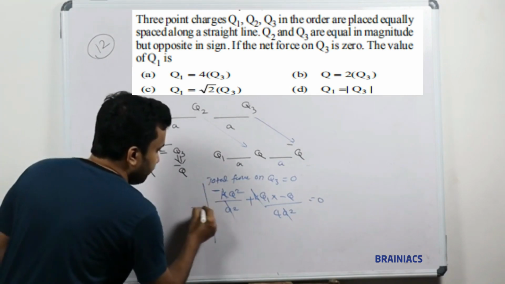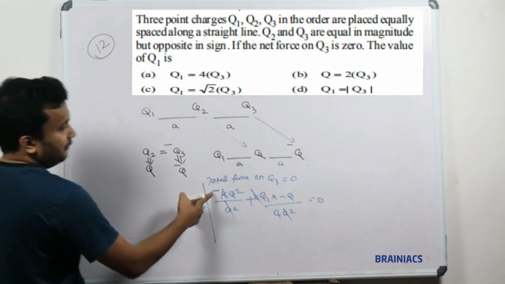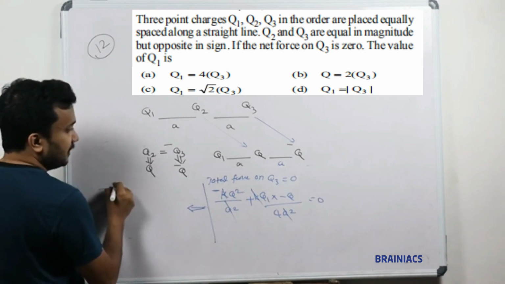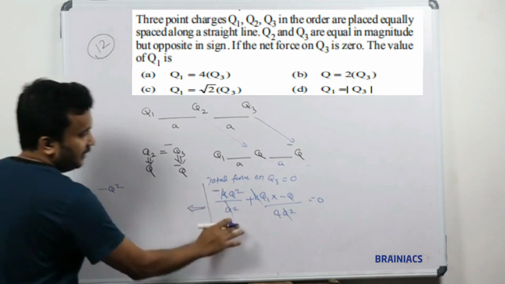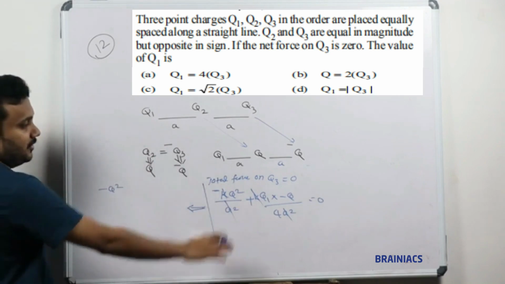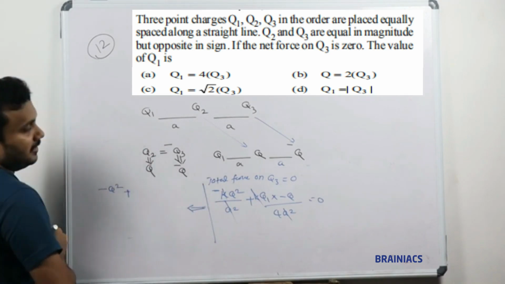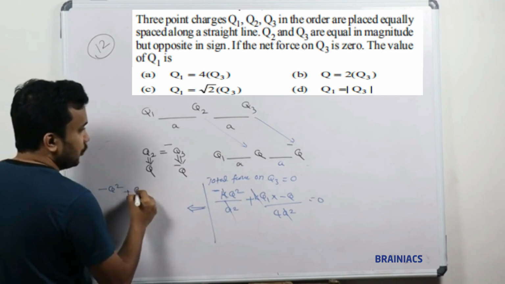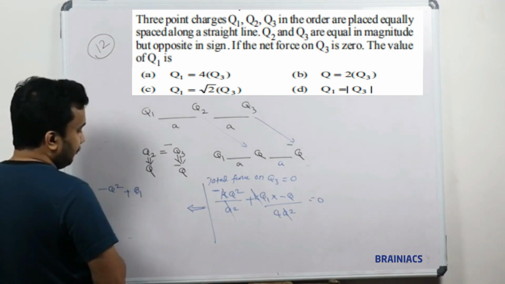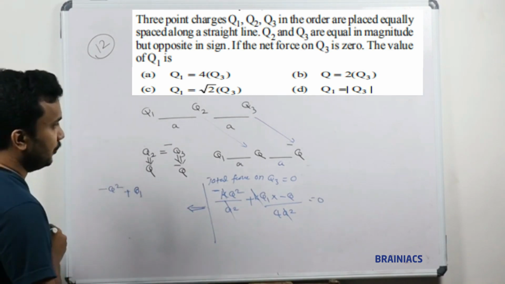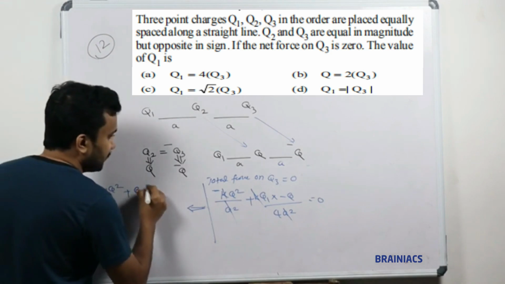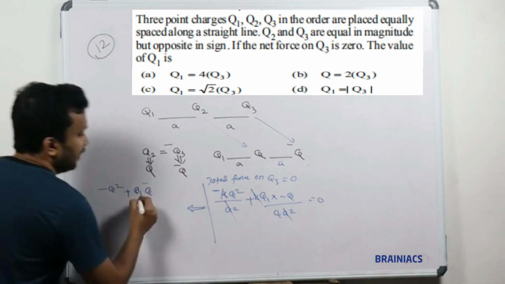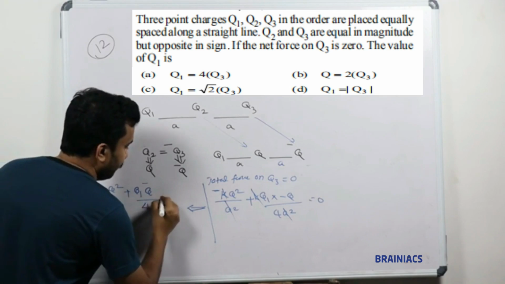Now I'll come one step back to here, and here I have minus Q square. K and A square are already cancelled, plus the other side is Q1 into minus Q, whole divided by 4, equal to 0.